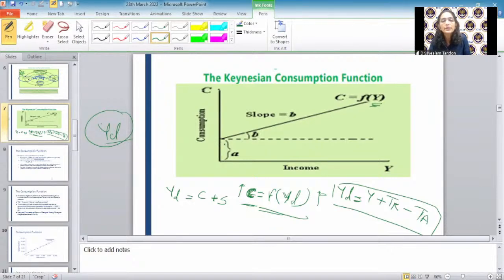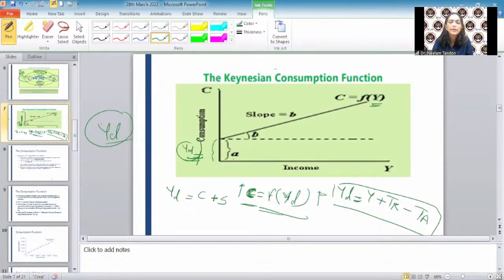This you can see here, this A. What is this A? A is the autonomous consumption. Autonomous consumption means this much consumption is not dependent on disposable income. So this A is the autonomous consumption, which is not dependent on disposable income, maybe some other factors.